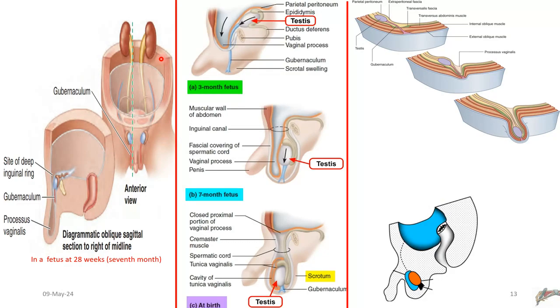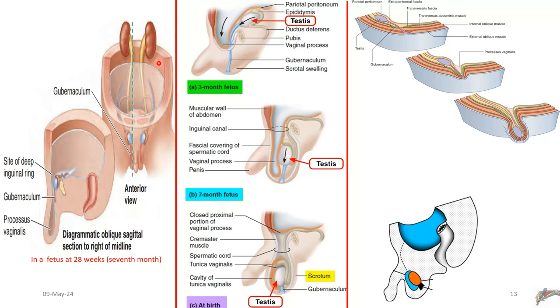And what makes the testicles descend is the fetal testosterone hormone, the hormone that is produced by the very testicles of this growing fetus. So that hormone induces testicular descent.